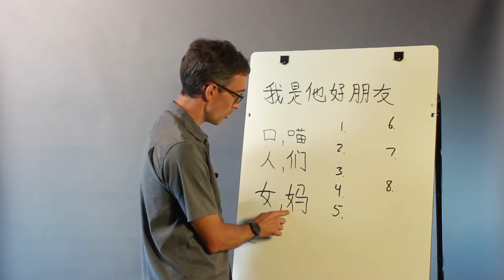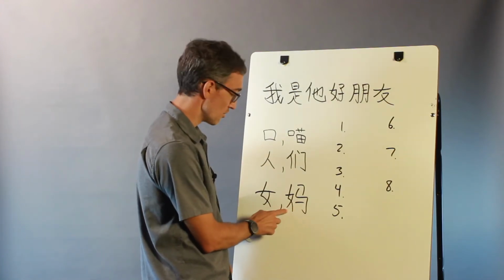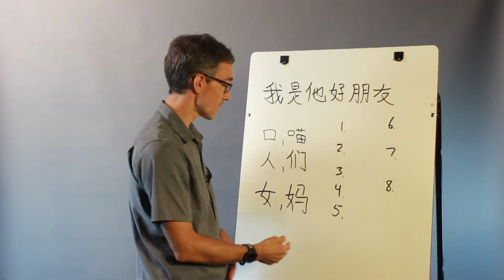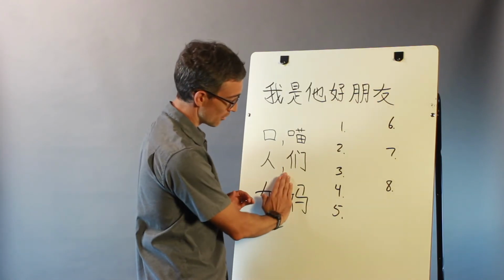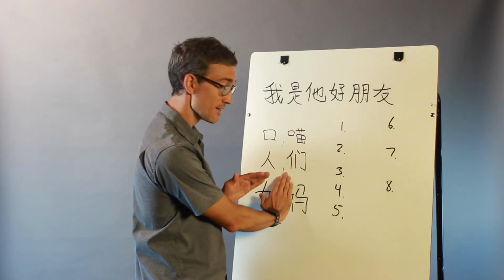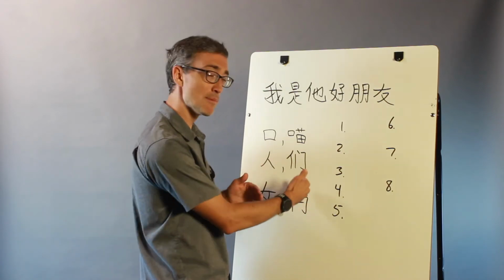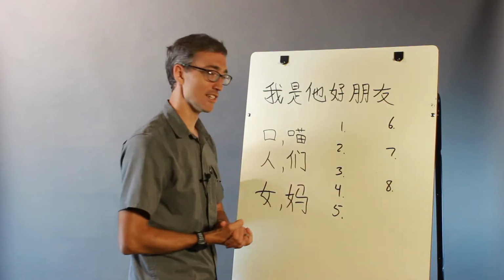Same thing here. Nü, this means mother, so it has a female radical, giving you a clue to the meaning. And then over here we have the character mǎ, which means horse, but the mother is mā, so it's a similar pronunciation, and it gives you a pronunciation clue.